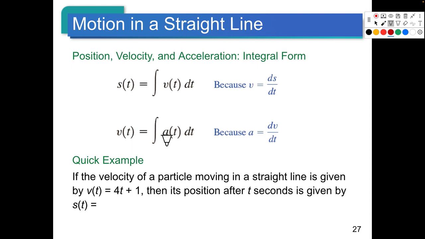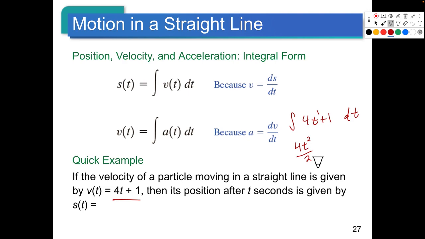If we're given that the velocity of a particle moving in a straight line is given by this function, what would be the position function? Well, we just need to integrate 4t plus 1 dt. If we're integrating 4t, what are we going to get? Add 1 to the exponent. We're going to get 4t squared divided by 2.